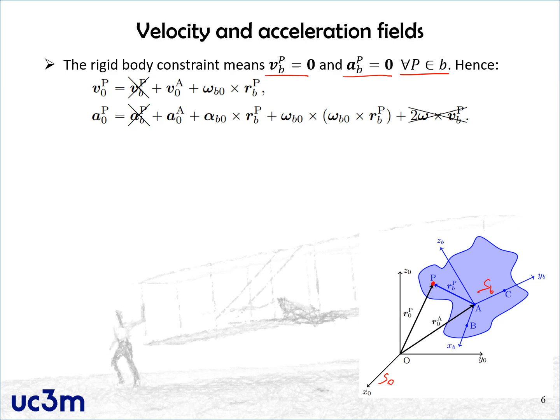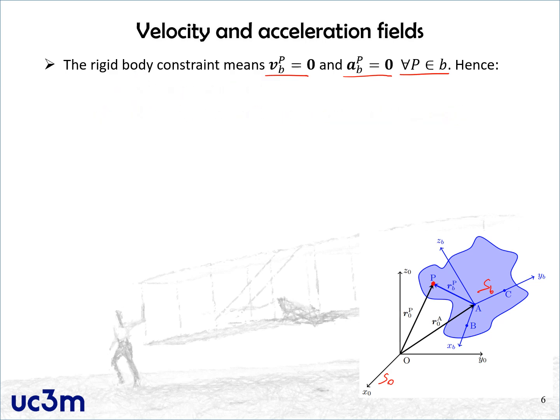But now, since the velocity of that point in the reference frame SB is equal to 0, we can remove that part. Similarly, in the case of the acceleration, the acceleration of the point P with respect to the rigid body is 0 because it's a point of the rigid body, and also the Coriolis acceleration is 0 because its velocity is 0. So if we clean this up a little bit, what we have is these two expressions, all right?